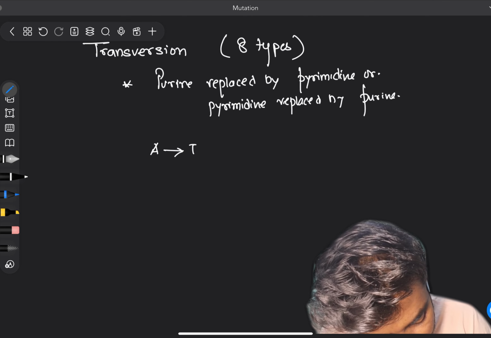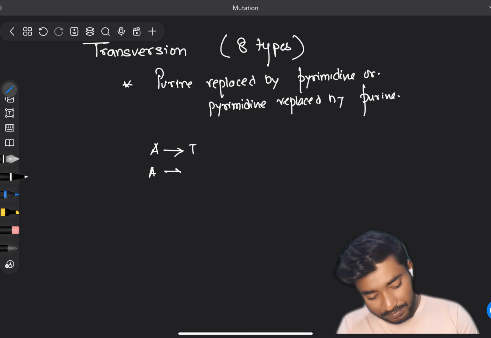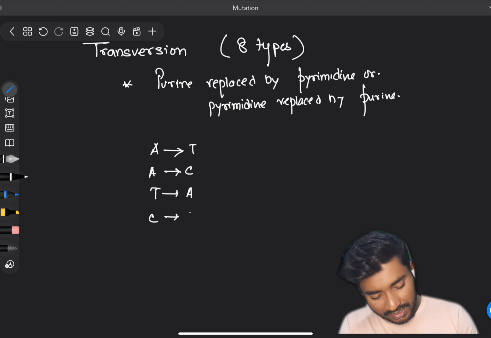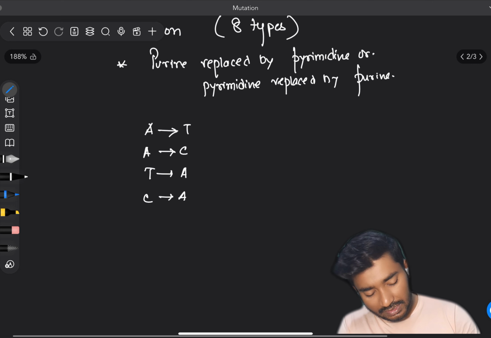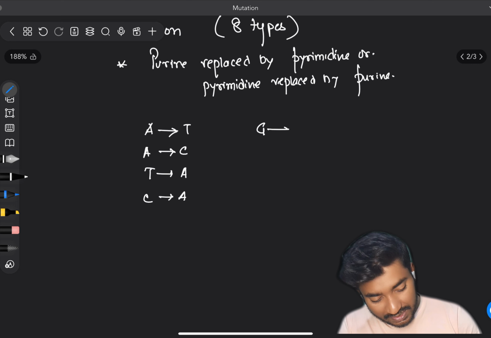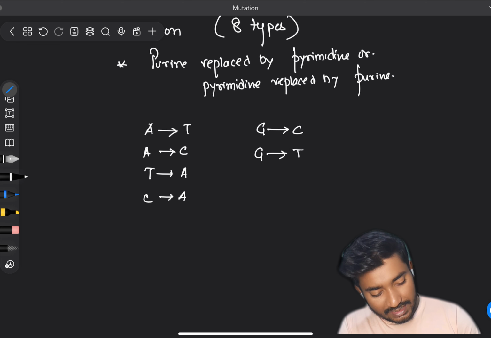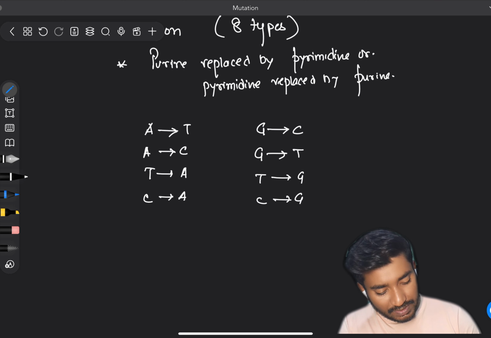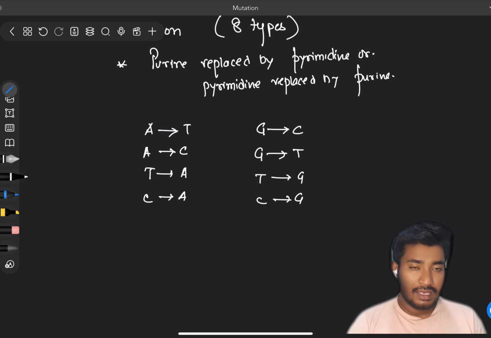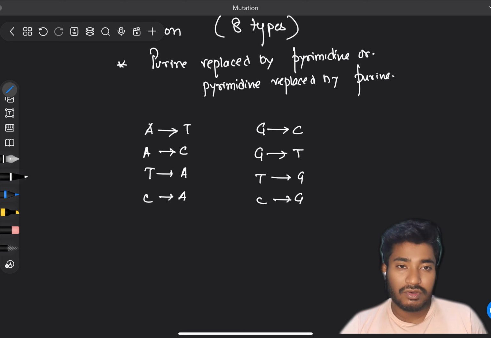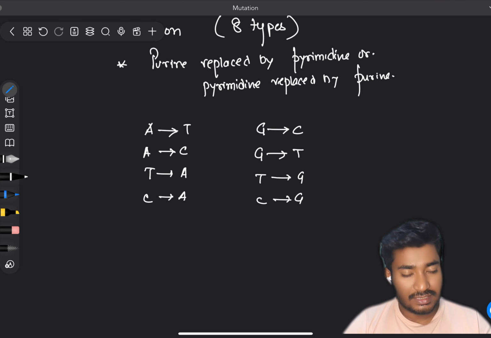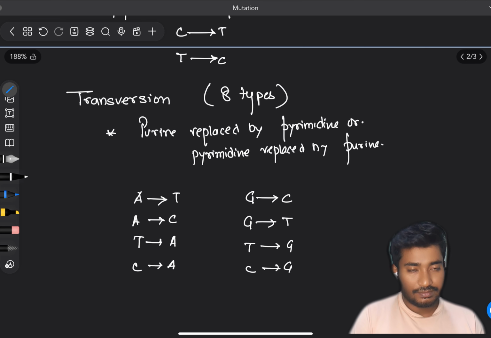A is replaced by T, A is replaced by C, T is replaced by A, or C is replaced by A. G is replaced by C, G is replaced by T, T is replaced by G, or C is replaced by G. Okay, so have you got the transition and the transversion?